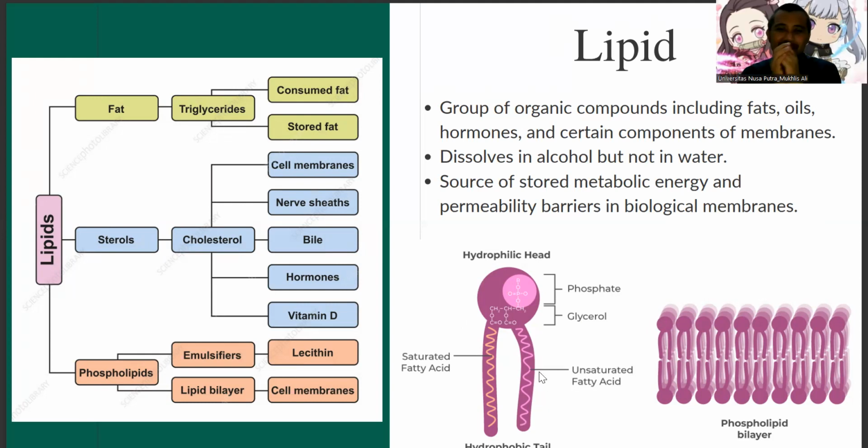The first one is a hydrophilic head, and saturated and unsaturated fatty acids in the tail. So the hydrophilic head can absorb water, but saturated and unsaturated fatty acids find it difficult to absorb water.